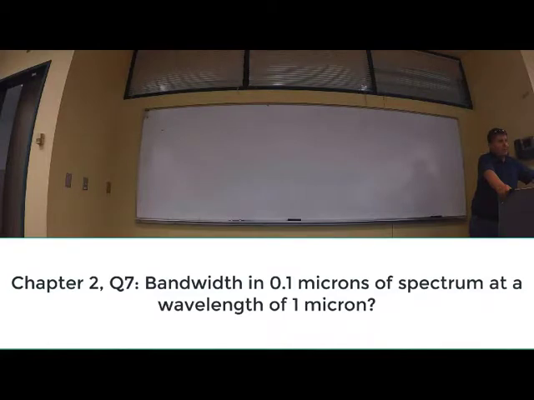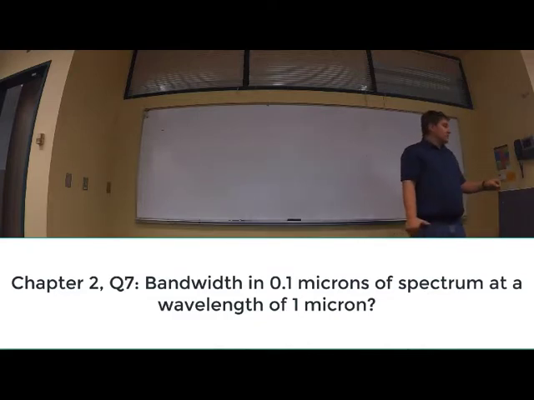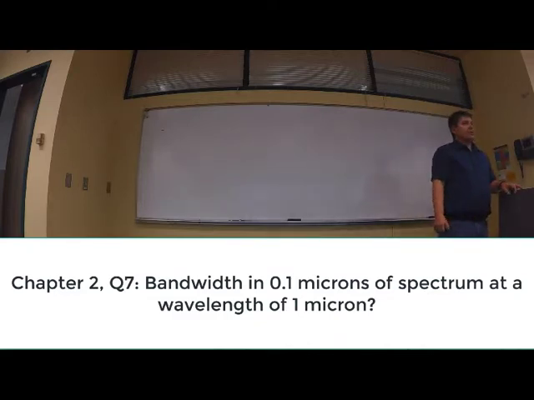So we have another formula we need to know. We're dealing with spectrum, and the spectrum is in a length of 1 micron. That doesn't give us a frequency really. So if the wavelength is 1 micron, what's the frequency of that?